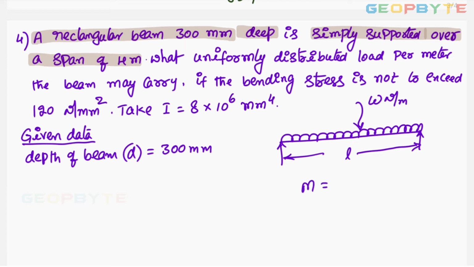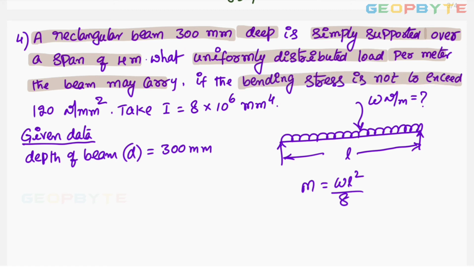Then maximum bending moment M equal to how much? WL square by 8. That formula should be remembered. What uniformly distributed load per meter the beam may carry? Here you are asked to decide the UDL, how much is it, if the bending stress is not to exceed 120 Newton per mm square.